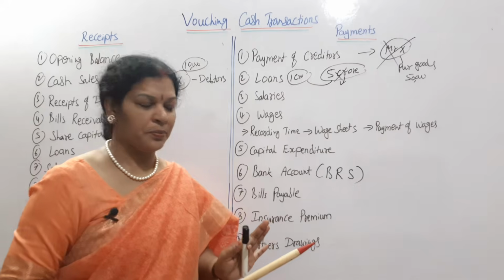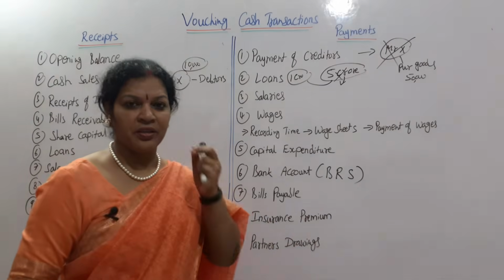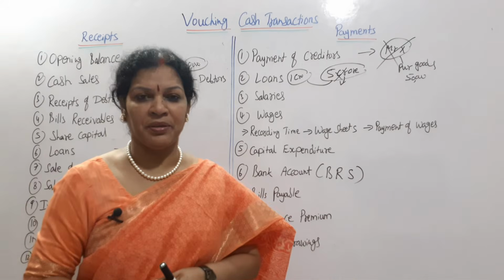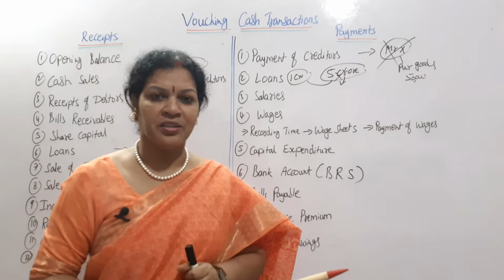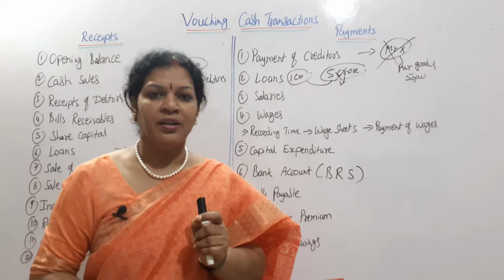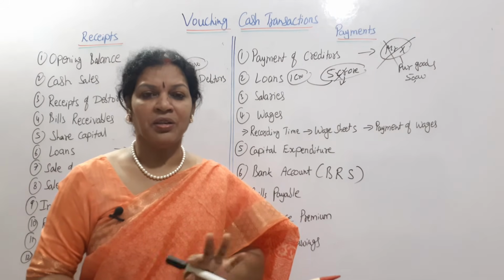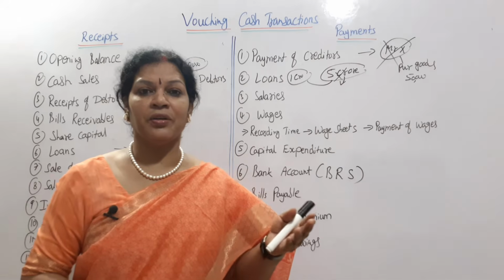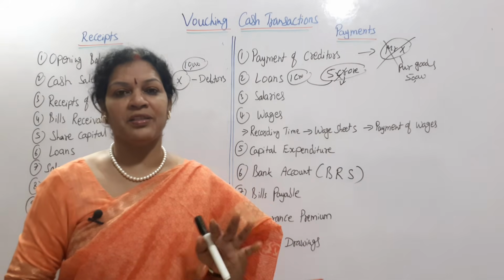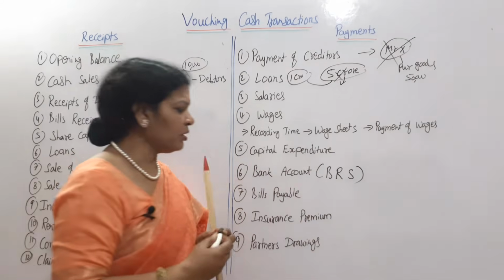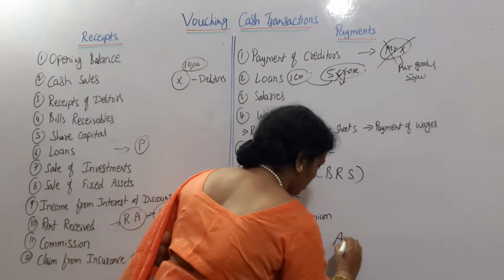In the same way, partners' drawing. Sometimes partners draw some amount from the capital. How do you check this? First of all, the auditor has to study the rules and regulations laid down in the articles of association for drawing the amount by the partners.